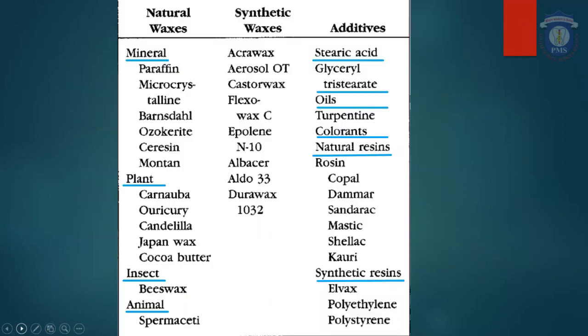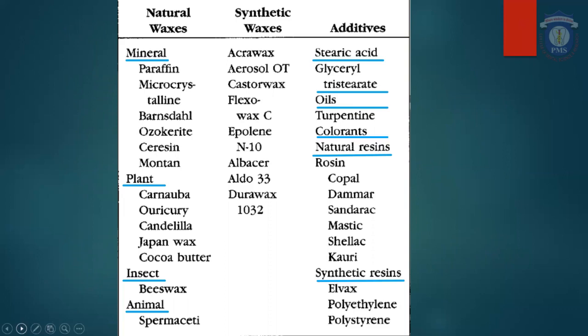This is a table taken from your restorative dental materials textbook by Craig. There you can see that, based on the source, even natural waxes have different sources: minerals mined from their ores, plant, insect, animal, etc. Then there are synthetic waxes manufactured from polymers.